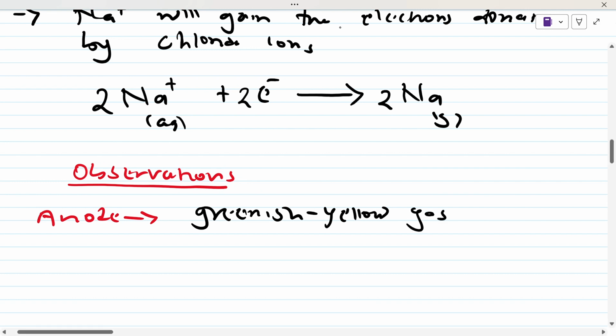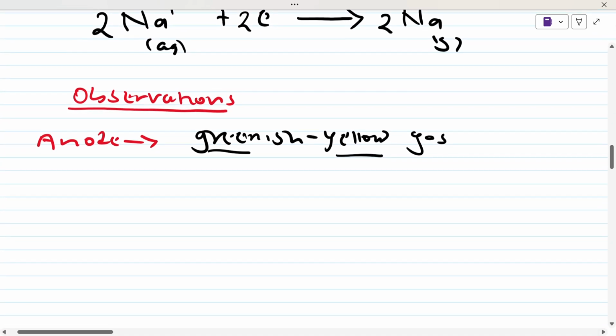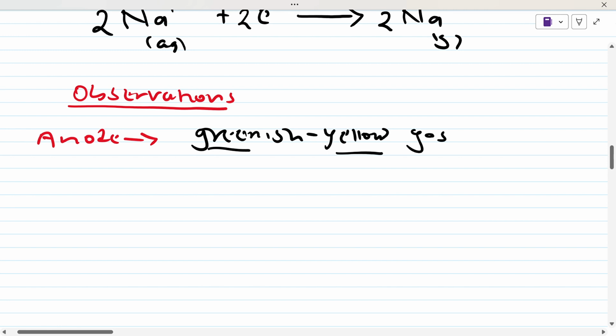So you won't be penalized if you say it is a yellow gas or a green gas. It's just to understand that sometimes, as far as observations are concerned, a student can mistake a yellow gas to be green or a green gas to be yellow because they are almost closer as far as color is concerned to each other. So you can choose any. You can say you've observed a green gas or a yellow gas at the anode. But how do we always give a justification for a gas?